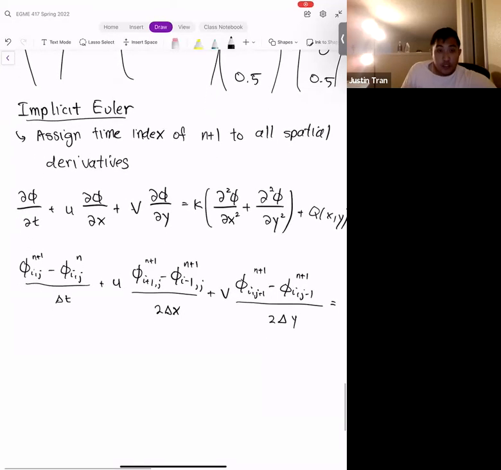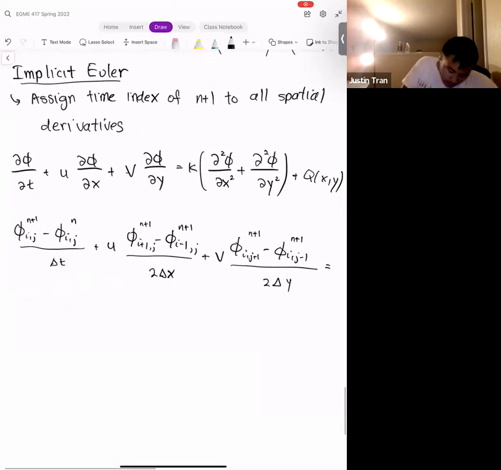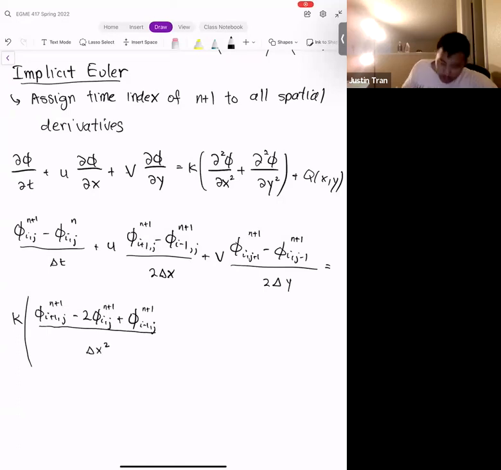This is going to be equal to our diffusion term. So we have k multiplied by the second order derivative in x, which is phi i plus 1,j minus 2 phi i,j plus phi i minus 1,j, all evaluated at n plus 1.